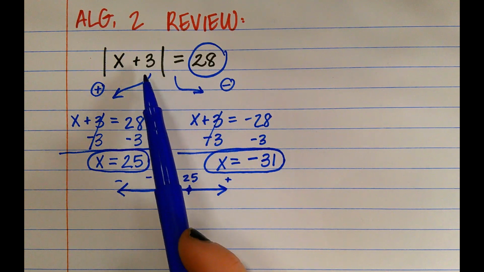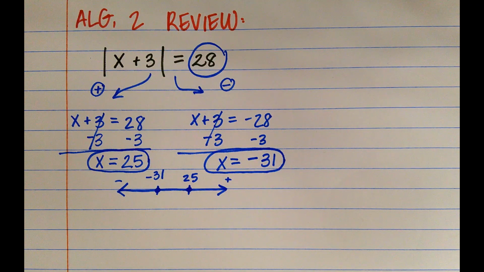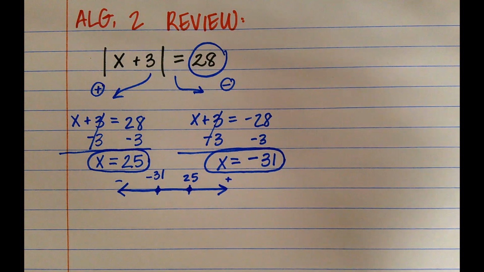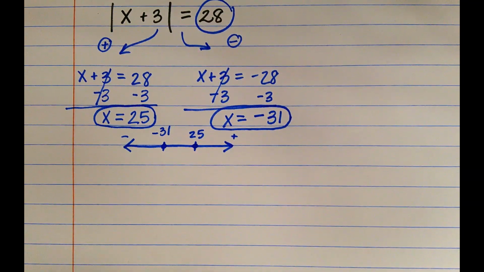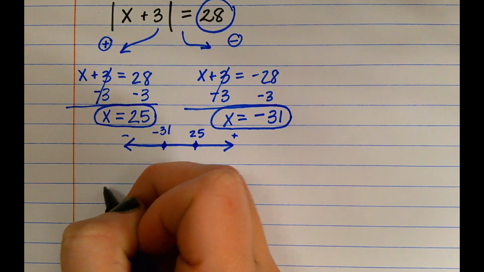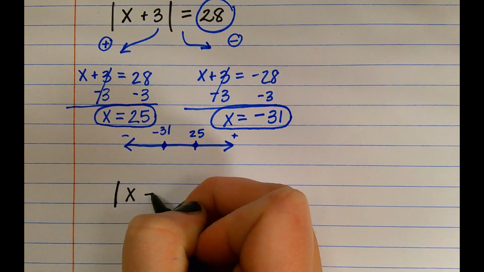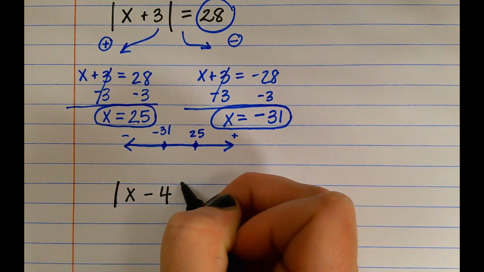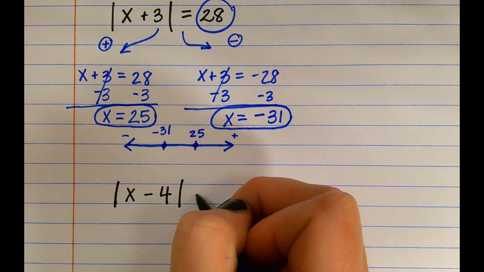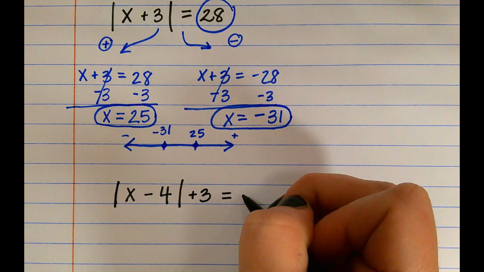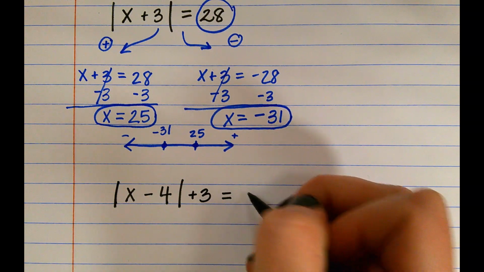Now, we sometimes have something a little bit more complicated, and that's when we have things outside of the absolute value. For example, let's say now I have the absolute value of x minus 4, plus 3, equals, I don't know, 12.